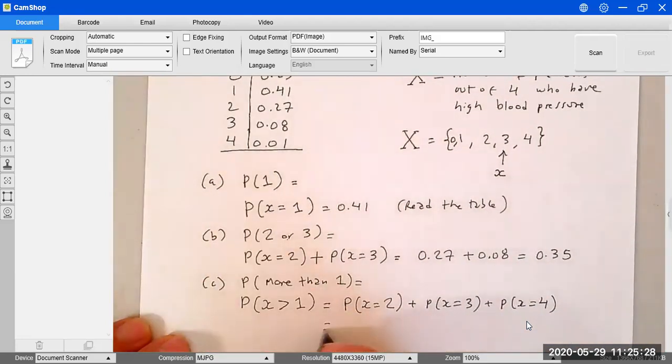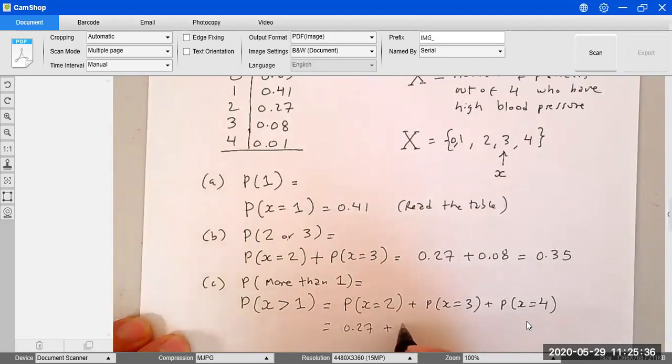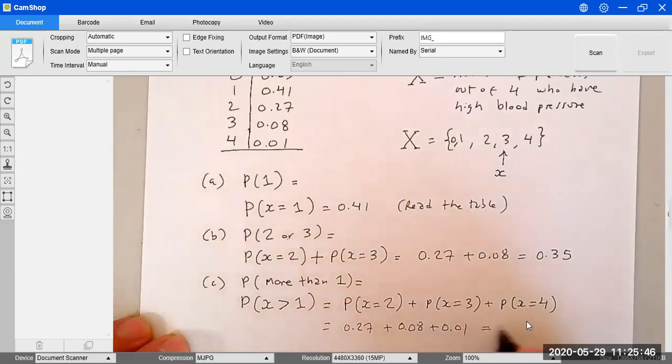So we get the corresponding values from the table: 0.27 plus 0.08 plus 0.01. This is the extra value that we use with respect to the previous problem. So the answer is just 0.36.